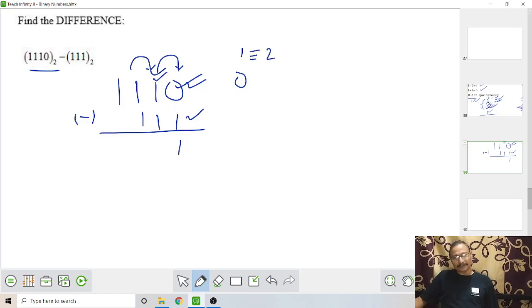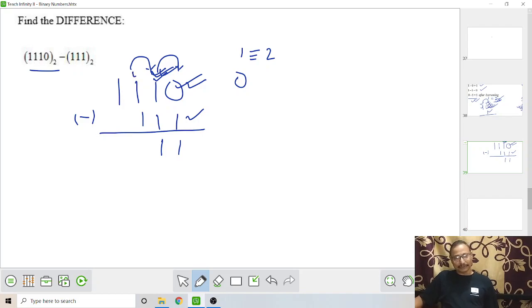You just feel that 2 is here, and if 2 is here, then you subtract 1 from that 2 and write here 1. And here it is only 0 because it has already given its 1 to this place.